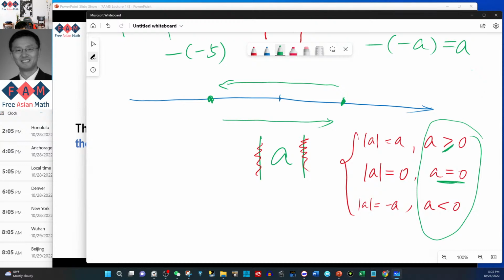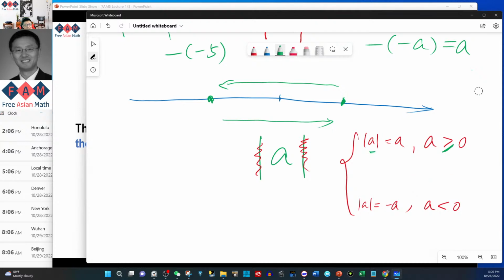If A is greater than or equal to 0, the absolute value of A is still A, because the second case actually merged into the first case. It can also merge with the third case, but that's not what we usually do.